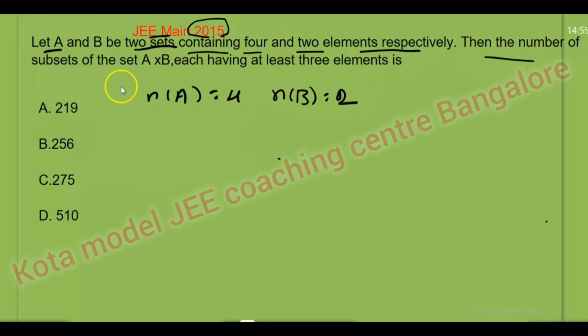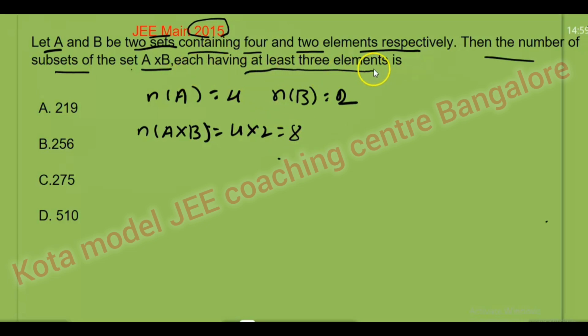Then n of A cross B is 4 into 2, which is 8. We need the number of subsets of A cross B, each having at least 3 elements. That means the condition is that a minimum of 3 elements should be there.